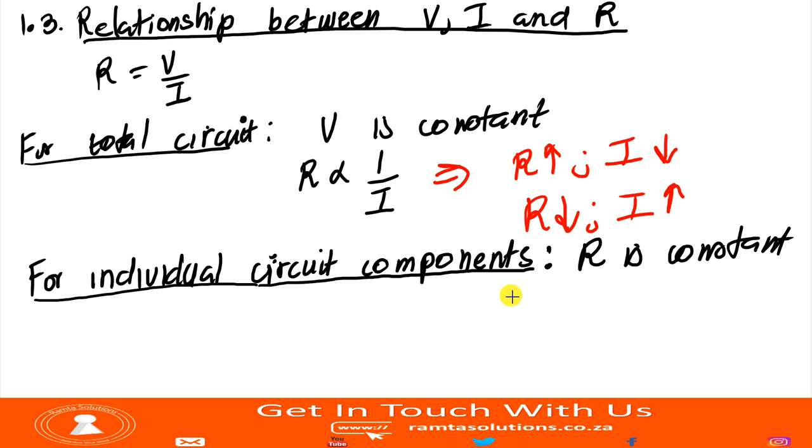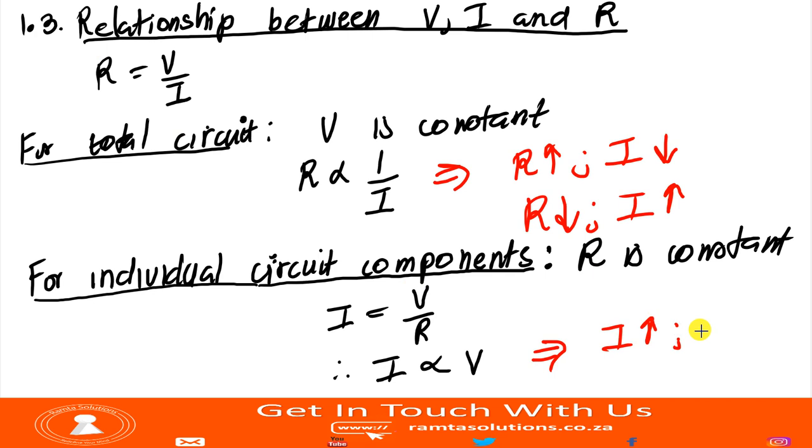Now, what happens if this is the case? Remember, we're saying R is equal to V over I, and we're saying resistance is constant. So this becomes I is equal to V over R, but R is constant. Therefore, we can say I is directly proportional to V. This implies if current increases, potential difference increases, because this is directly proportional.